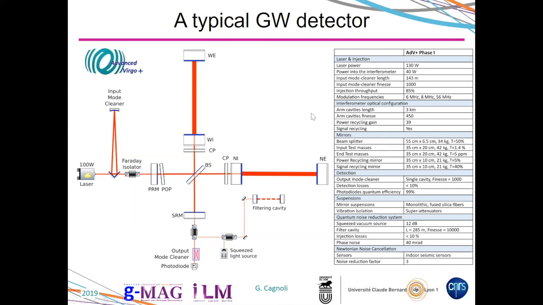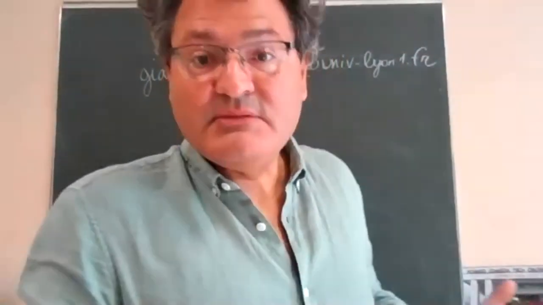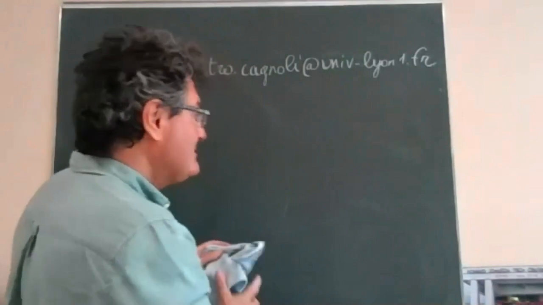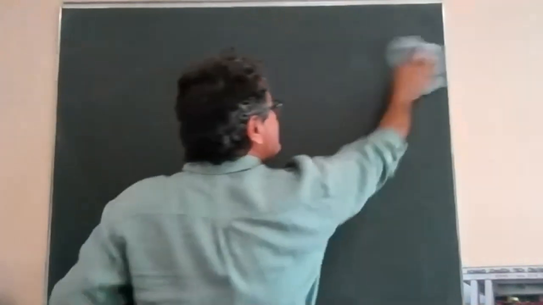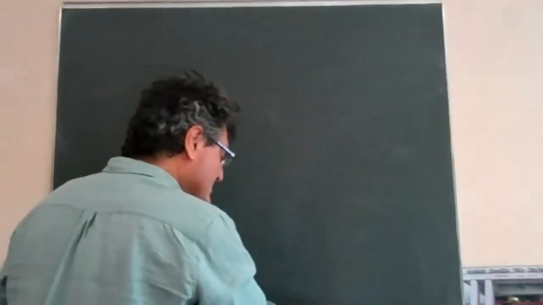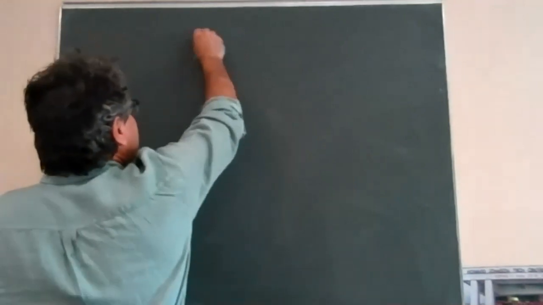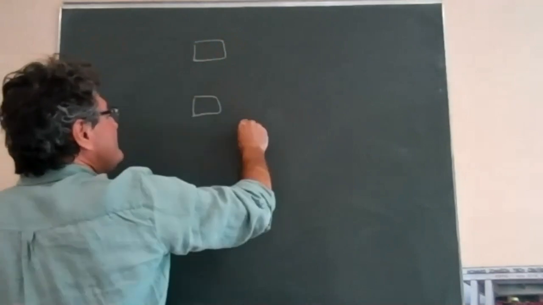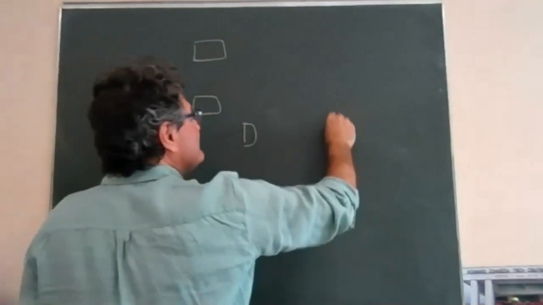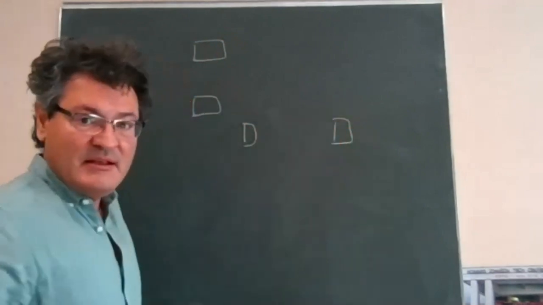So now we can stop sharing the screen and start to write something down, because it's really important for calculating the impact of thermal noise on a gravitational wave detector. As we said, there are just four mirrors that matter.